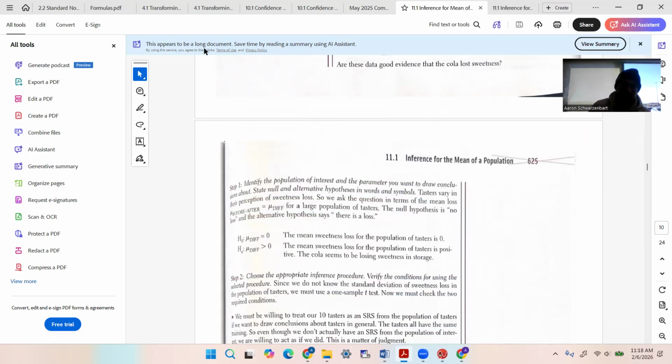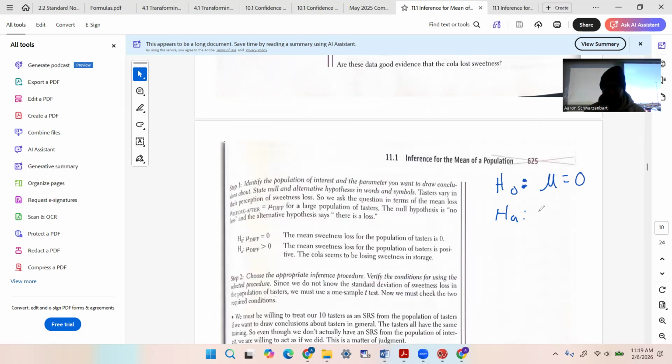So this is essentially a matched pairs, but they gave you the matched pairs data. So we're going to start by identifying our population of interest. H naught: the population of interest is the sweetness loss for storage of this cola with artificial sweetener. Mu equals 0. We assume there's no sweetness loss.